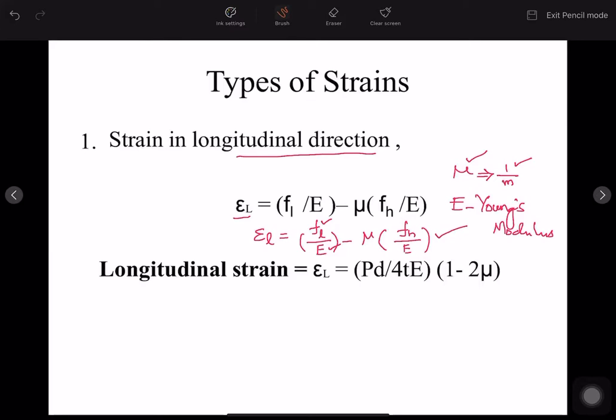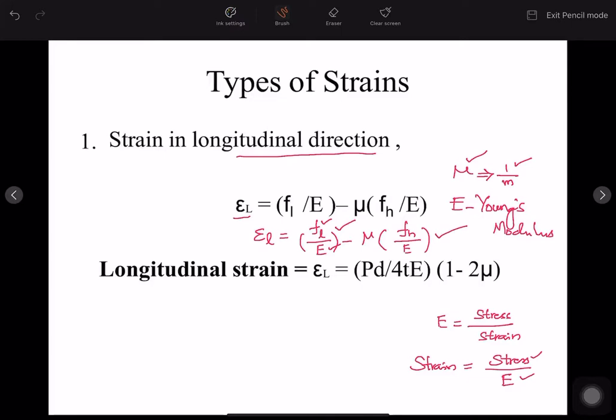E equals stress by strain, which can be written as strain equals stress by E. This we can observe in this equation.